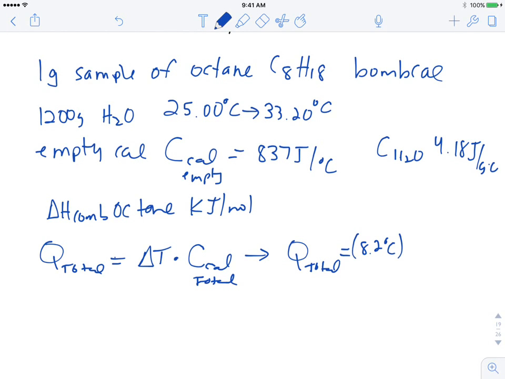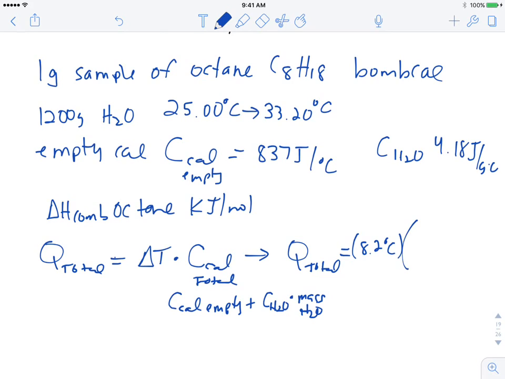But now I have to deal with the heat capacity of the calorimeter. The heat capacity of the calorimeter total is the heat capacity of the calorimeter empty plus the specific heat of the water times the mass of the water. So what does that look like?